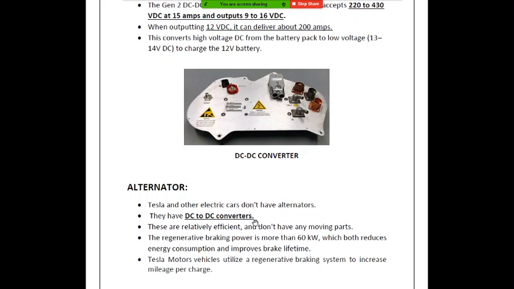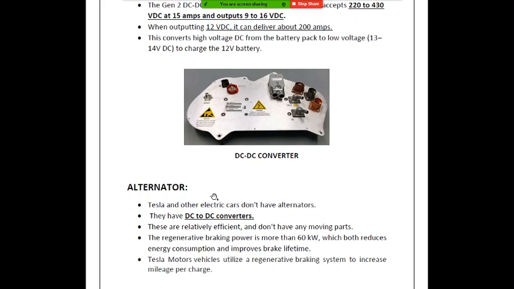It doesn't move like alternators. A small part of movement will be there in the alternator, but a DC-DC converter doesn't have any moving parts.